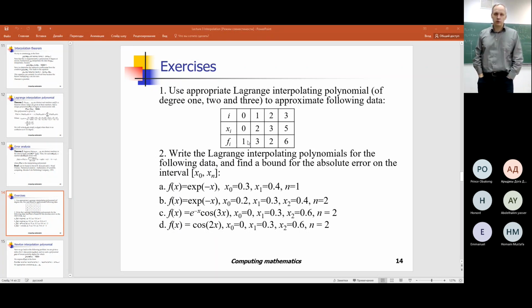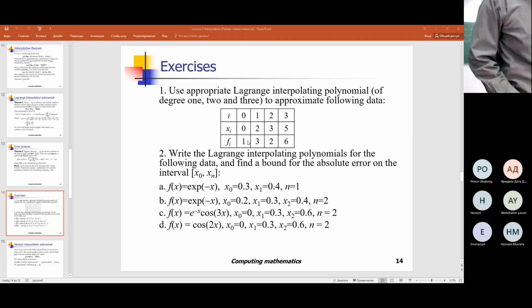I consider those two points from this table.